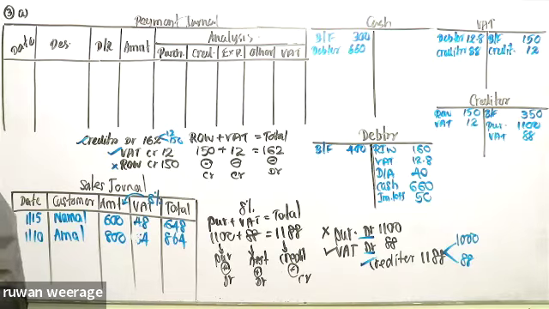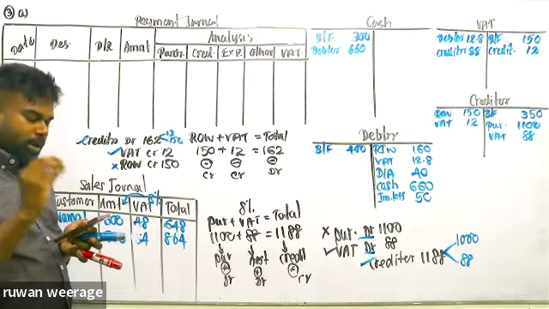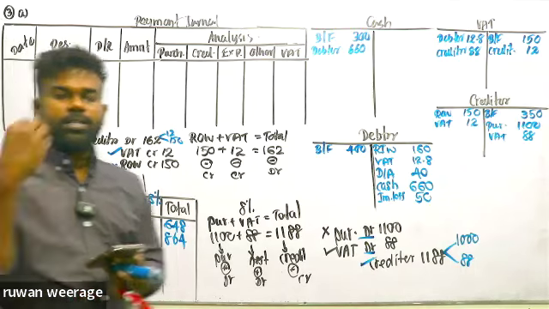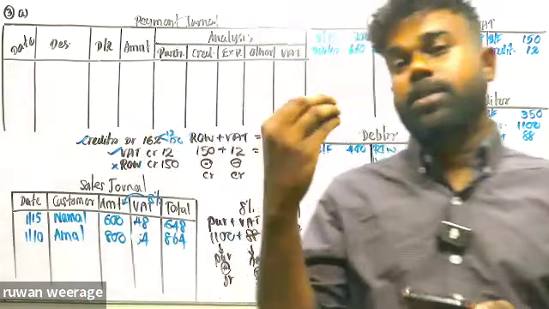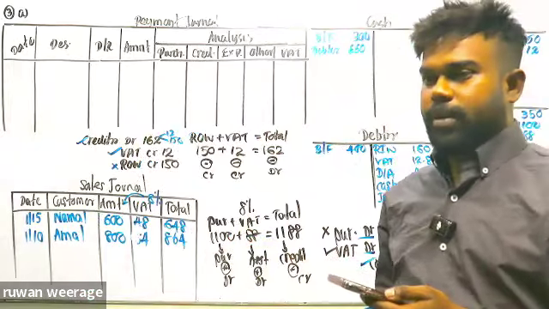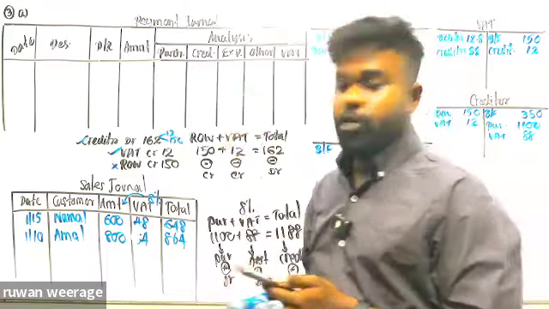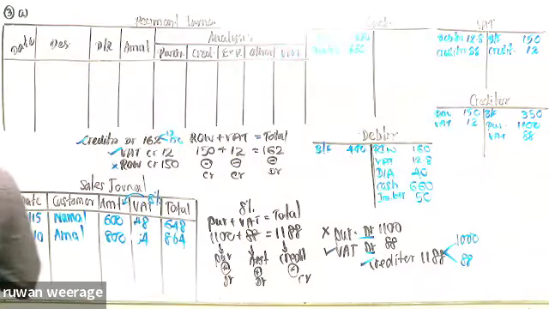Then. Right. So next one, after return outward, paid amount and discount received. What is the prime entry of discount received and cash payments? Creditor payment and discount received. What is the prime entry book? Payment journal. Therefore, individual values you have to record.